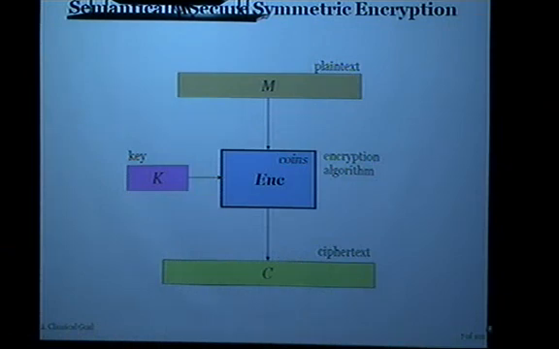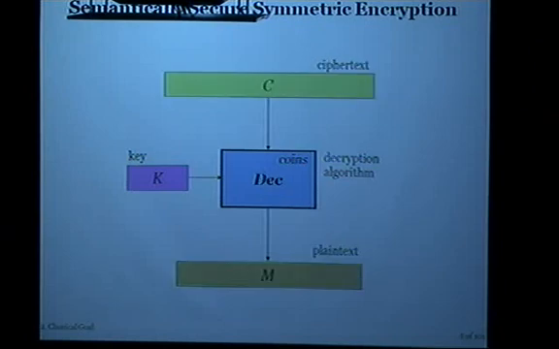In the public key setting, we had different keys to encrypt and to decrypt. But in this symmetric one, there will be a single key K which transforms our plaintext M into our ciphertext C, again using these implicit coins. How does decryption look? Decryption turns the ciphertext C into the plaintext M, again under the influence of the key K. In our formalization of symmetric encryption, we chose to make the decryption algorithm deterministic.